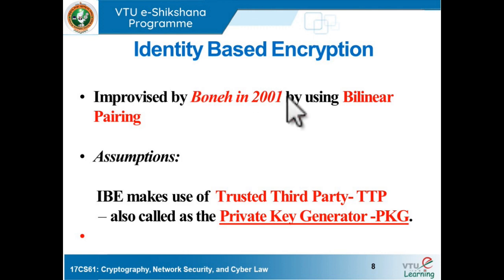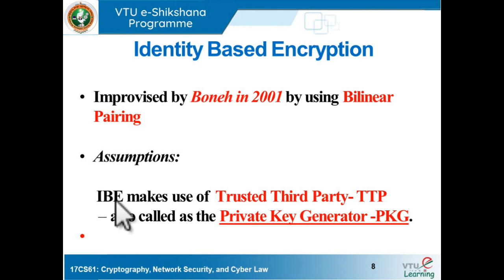To understand what we mean by bilinear pairing, we will discuss it henceforth. Now, let us see what are the assumptions made by Boneh for identity-based encryption using bilinear pairing.